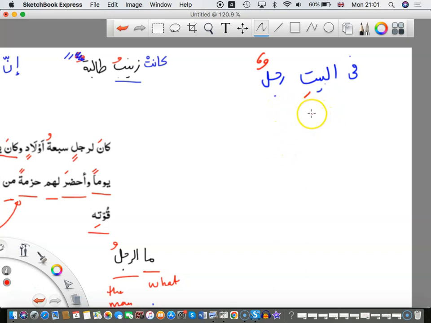Now let's translate this. So what does fi mean? In. What does the bayt mean? The house. And now it's not the man. Okay, don't put the man. You lose marks. In the house is a man. Okay, now where is the mubtada and where is the khabar?